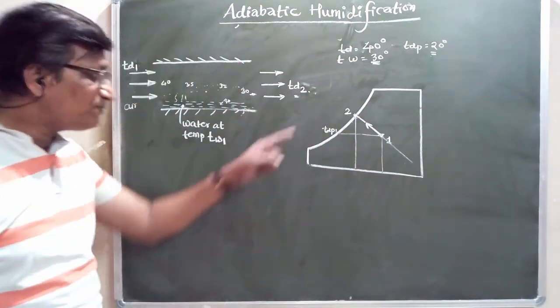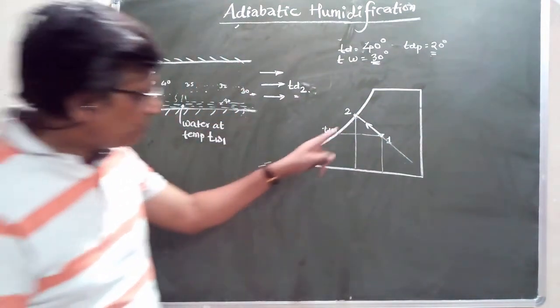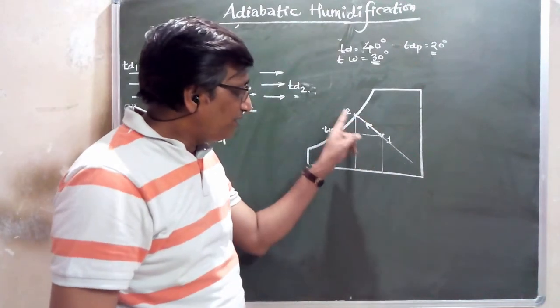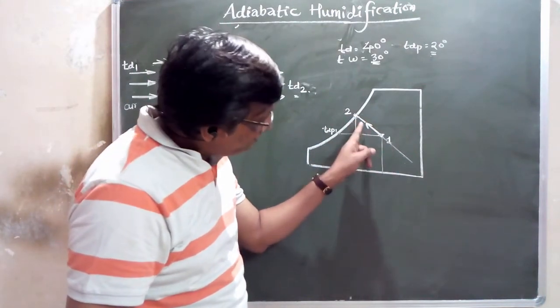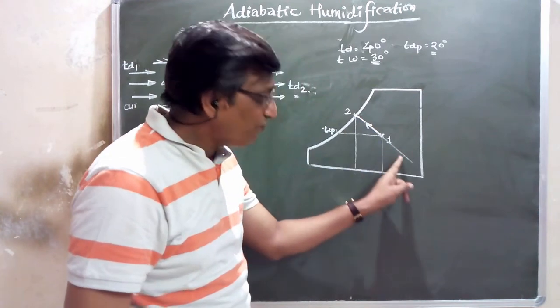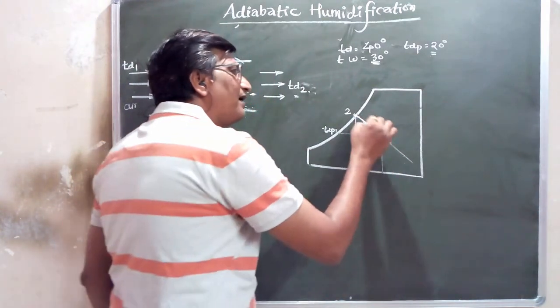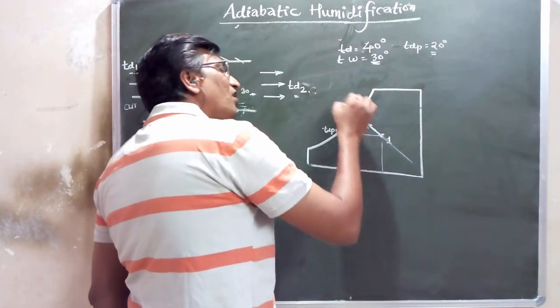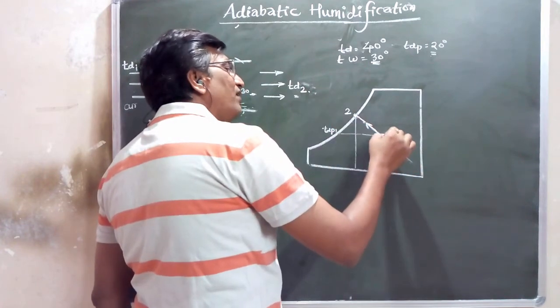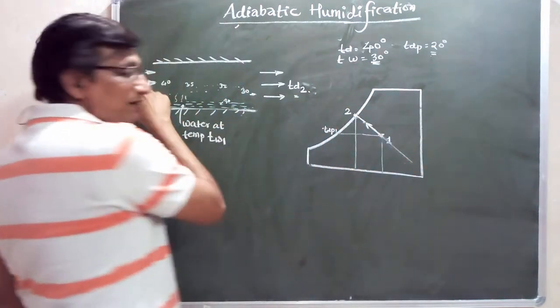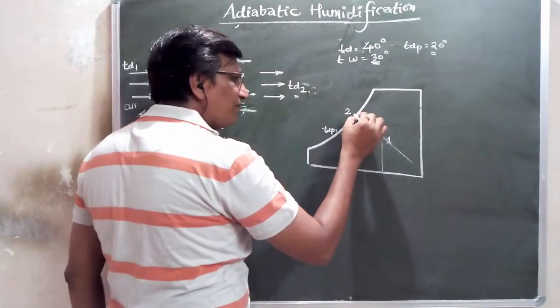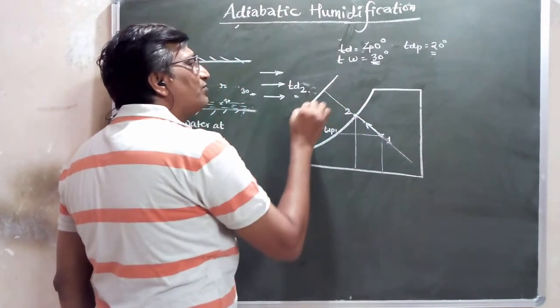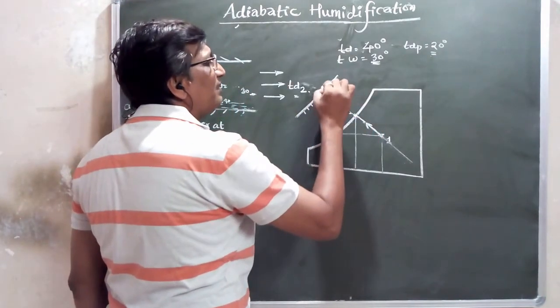Now if you see this process carefully, it is parallel to the wet bulb temperature line of that particular air. If you extend the same line, it represents the enthalpy.